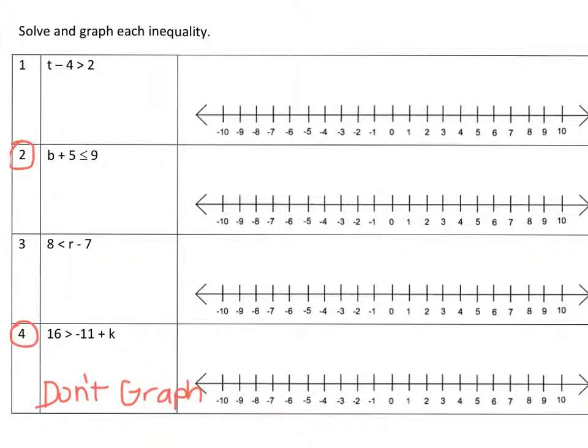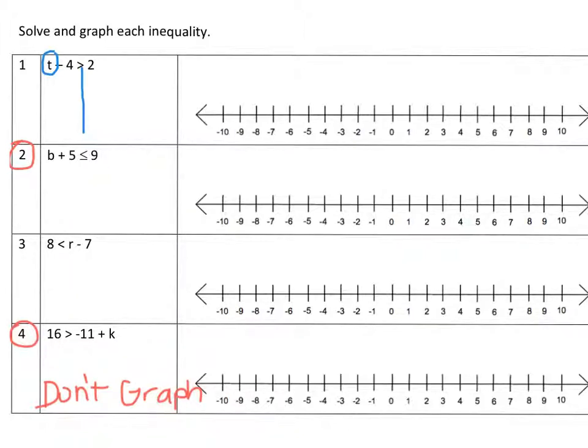The last few examples that we're going to look at here are solving and graphing each inequality. So this is really what our learning target is getting at. So what we're going to do for number 1 is we want to get our variable, which in this case is t, alone. So I'm going to draw a line down from my inequality sign, just like we did with equal signs. I've got t minus 4.